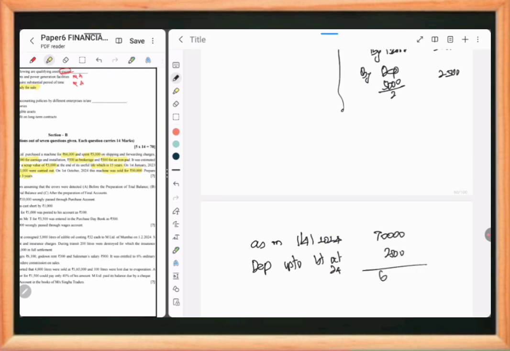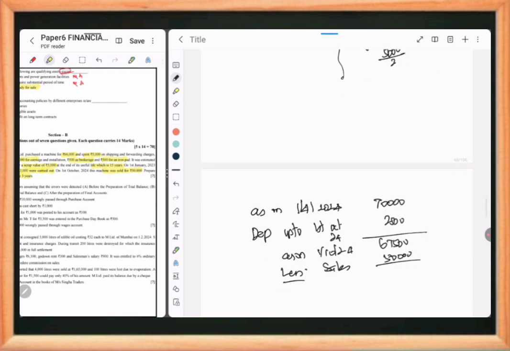So 67,500 rupees, it is the book value as on the date of sale, 1st October 2024. For how much we sold? Sales value 50,000 rupees. So the book value is 67,500, but we sold only for 50,000 rupees. So there will be a loss, that is 17,500 rupees.